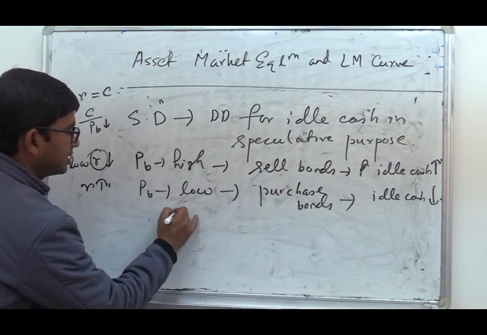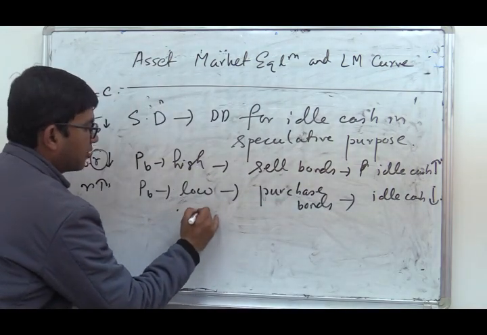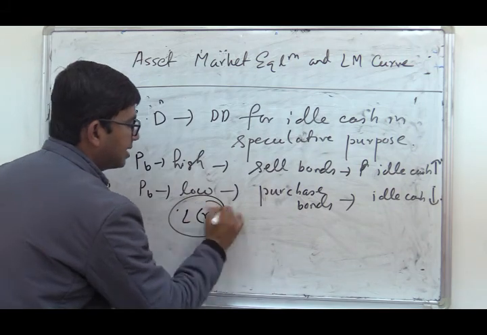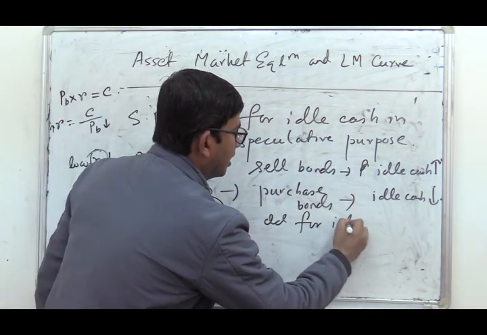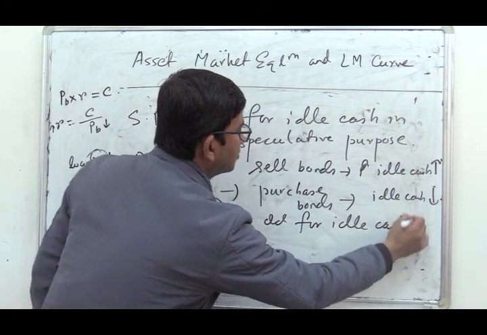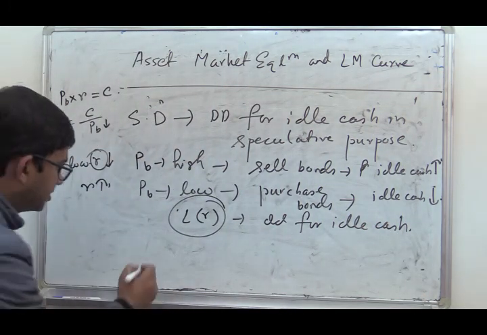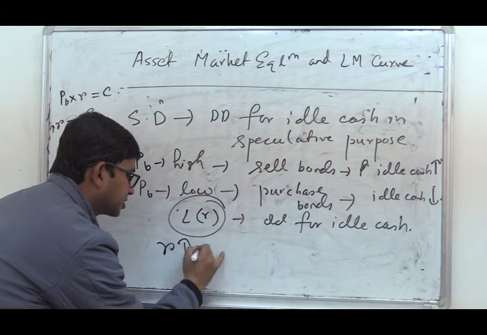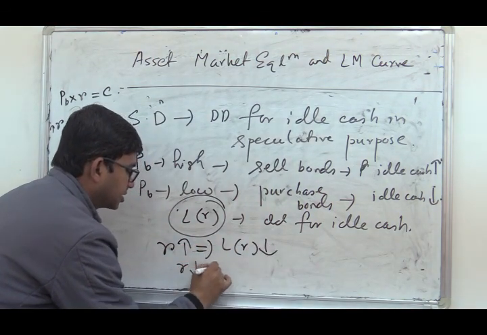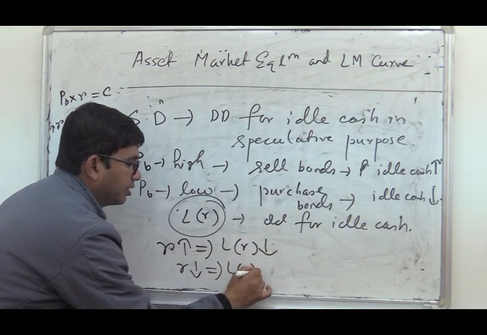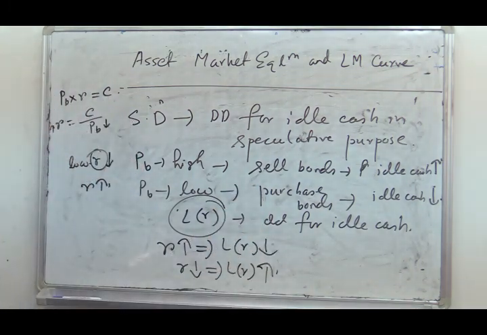So we can see that the demand for idle cash, L(R), is determined by the rate of interest. And if rate of interest rises, L(R) will fall, and if rate of interest falls, L(R) will rise.